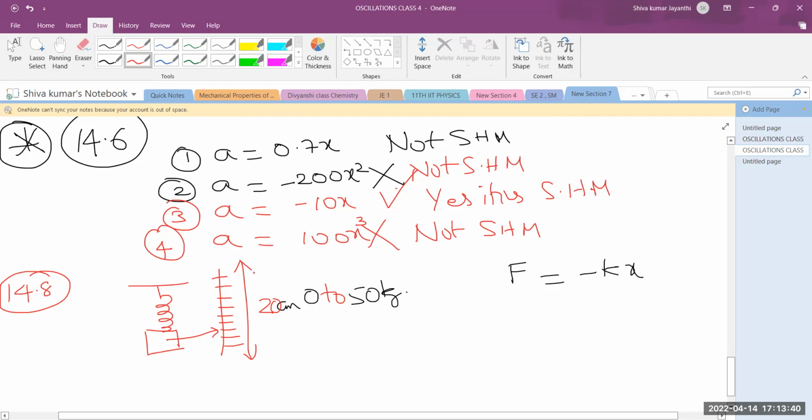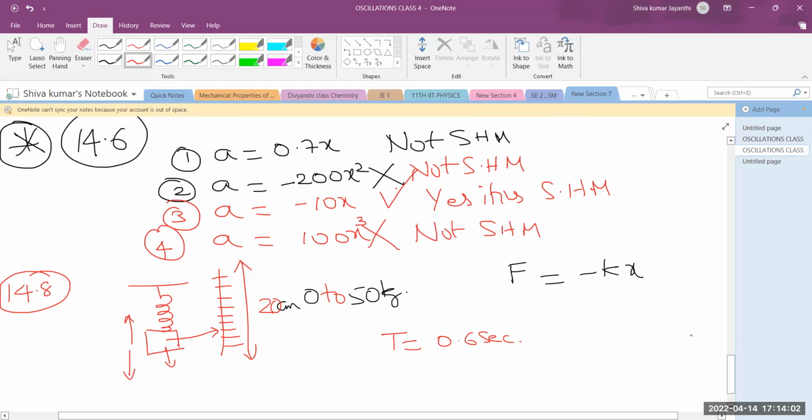A body is suspended from the balance, displaced and released. When displaced and released means you pull it down like this and leave it. Then it undergoes up and down motion and oscillates with a time period of 1 second. They gave the question.